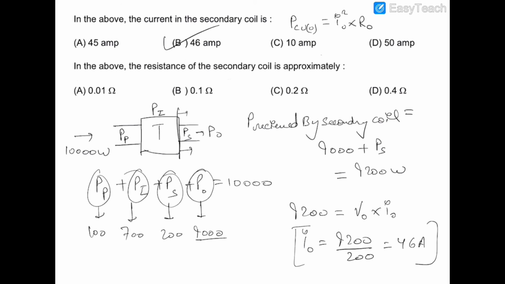Now the output lost power is PS, and PS is equal to 200. So 200 is equal to I output whole square, which is 46 whole square, into R output. So R output will be approximately 0.1, which is option number B.